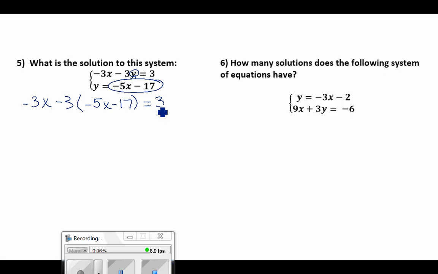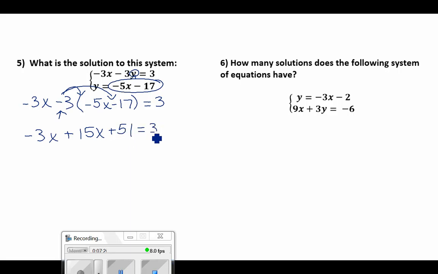We only have one variable, which means we're going to get an answer. We're going to solve for the x variable first. We have to distribute, and you need to be careful because you have to distribute the negative as well. So I'm going to bring down the first negative 3x, and now I'm going to distribute. Negative 3 times negative 5x is positive 15x. Negative 3 times negative 17 is positive 51.